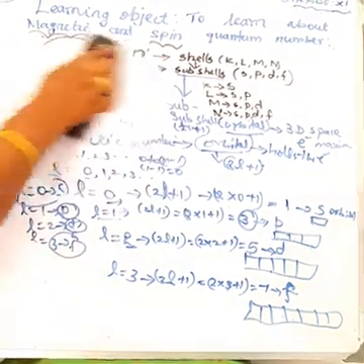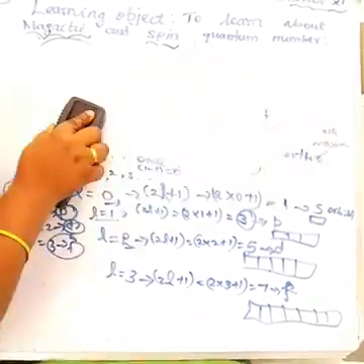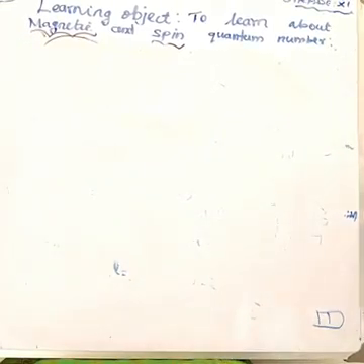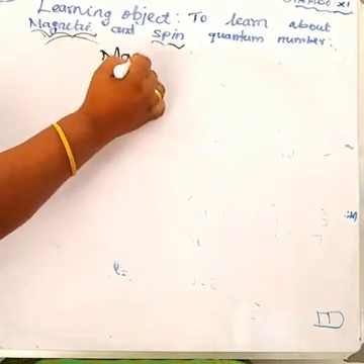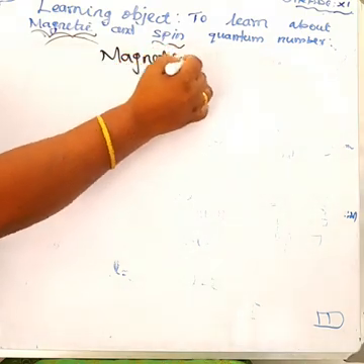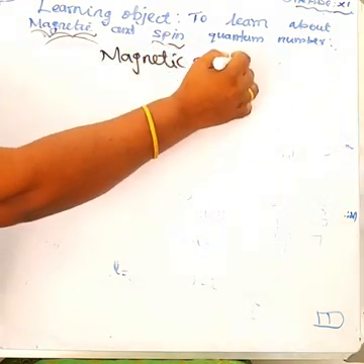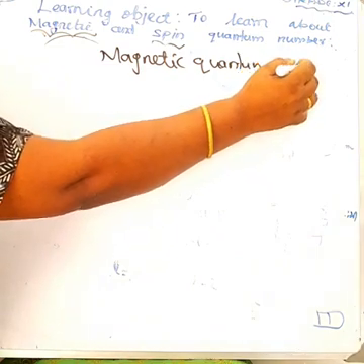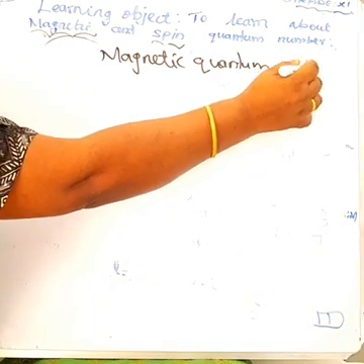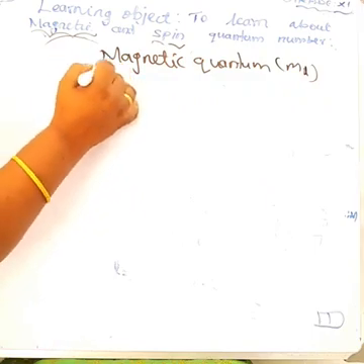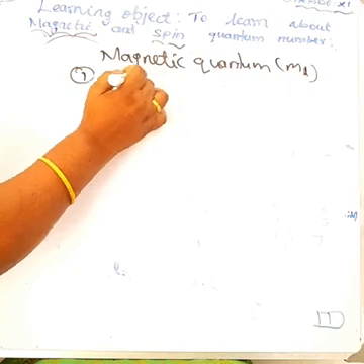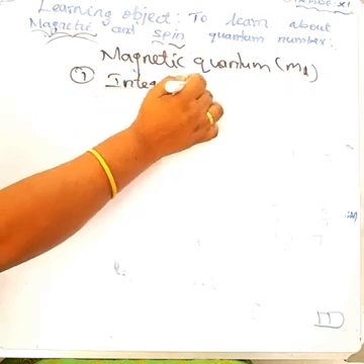Understood? Okay. The magnetic quantum number is denoted by the letter ML. It takes integral values ranging from minus L to plus L through 0.